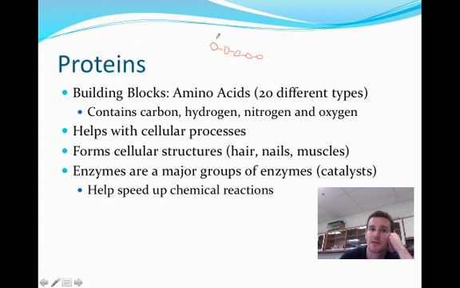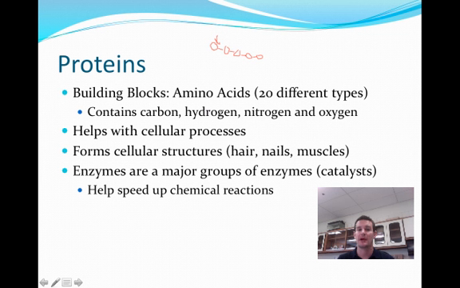So each one of these are amino acids, and basically you connect them almost like a chain and bundle them up like a ball, and that's your protein, okay? There are actually 20 different amino acid types that are present, so you have all these different combinations of these amino acids which make up the protein, okay?